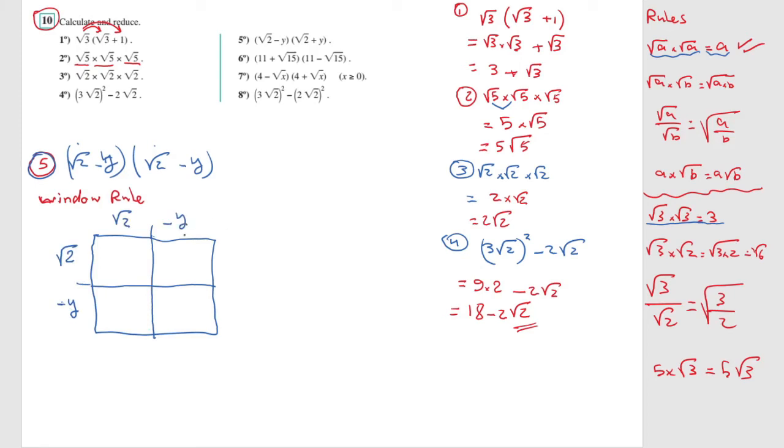So what is the story of this window? In each part you should multiply the corresponding numbers.